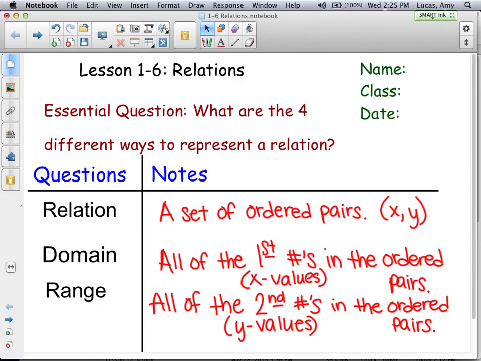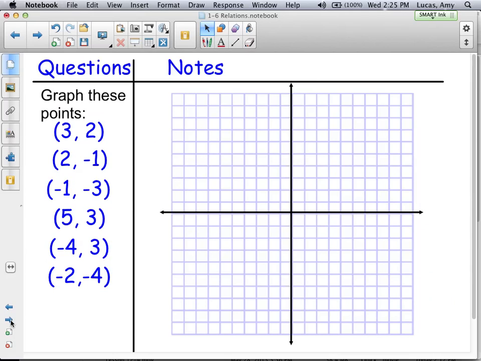Okay. This next slide is a review of graphing, just to make sure that you remember how to graph ordered pairs. Please remember that we graph x coordinates first, y coordinates second, and the x-axis is horizontal. I am going to write a letter by these points.